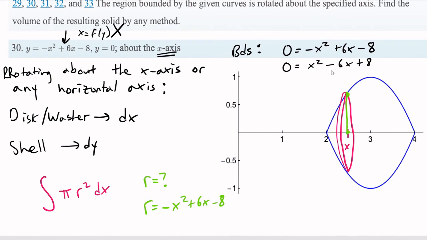Now I just need to factor this. Two numbers that multiply to 8, add to negative 6. That's going to give me 0 equals x minus 4, x minus 2, which gives me 2 and 4. Boom. So those are my bounds, 2 and 4.